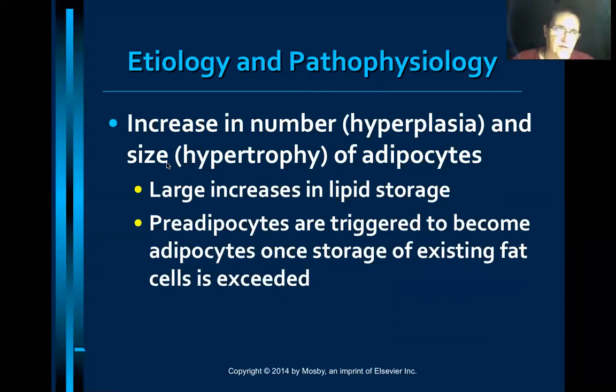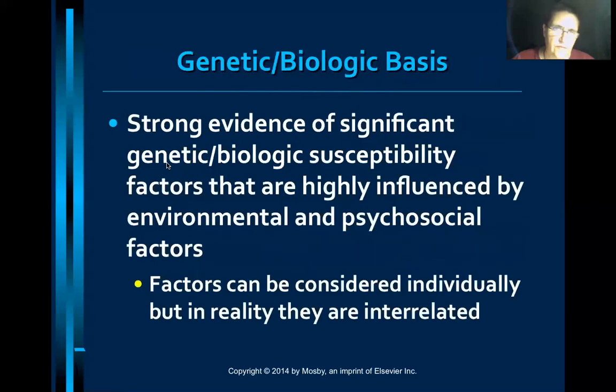So your fat cells are able to grow larger, and then pre-adipocytes are triggered to become adipocytes, primarily in the visceral or intra-abdominal area and the subcutaneous tissues. This is also greatest from infancy through adolescence, and that's where we're seeing a lot of our country's issues, with the youth of our country.